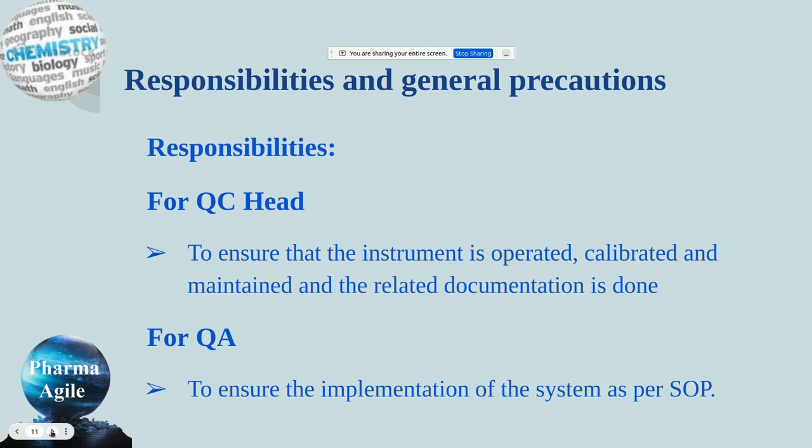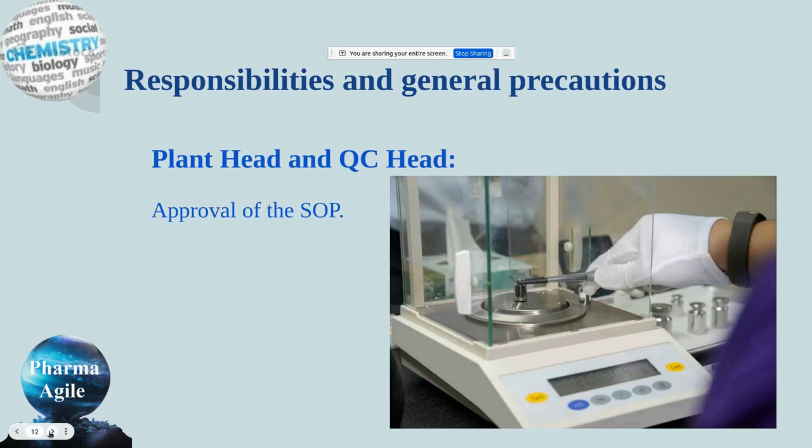QC head shall be responsible to ensure that the instrument is operated, calibrated, and maintained, and the related documentation is done as per the SOP. For QA, QA shall be responsible to ensure the implementation of the system as per the SOP. Next, plant head and quality head shall be responsible for the approval of the SOP.